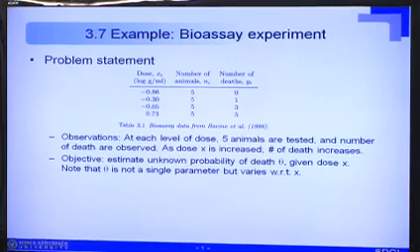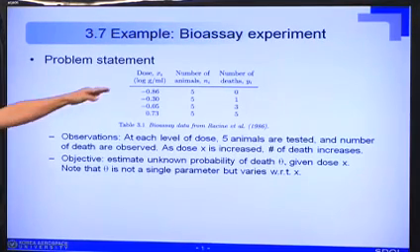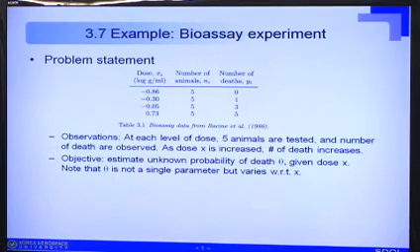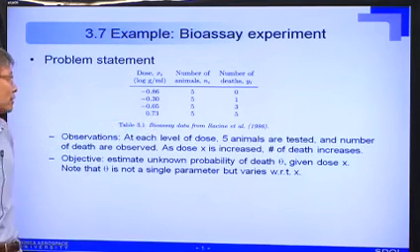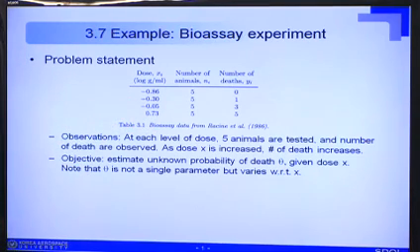We have a certain level or amount of dose, and we deliver this dose to the 5 animals, and a number of deaths are observed. And we find that as the level of dose increases, the number of deaths also increases, which is quite obvious.